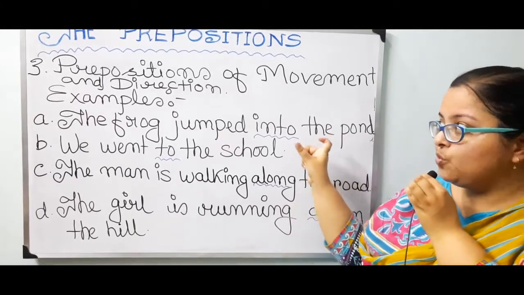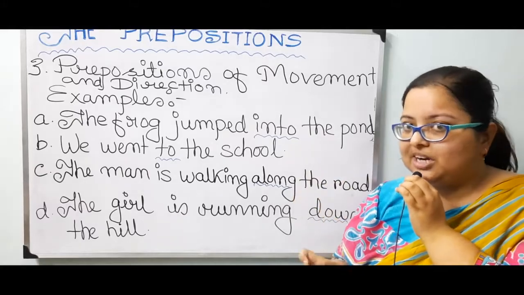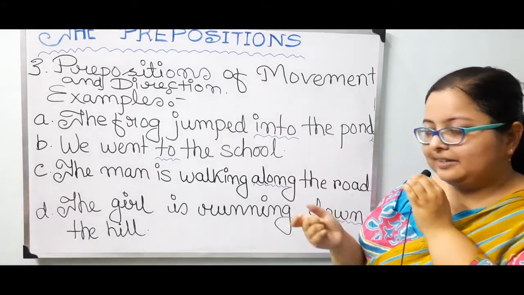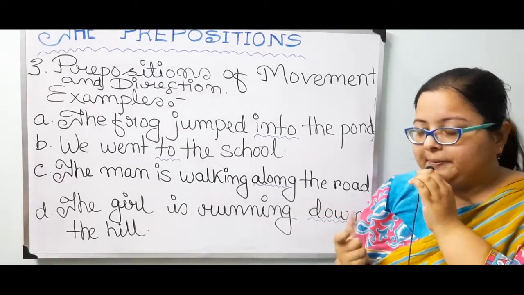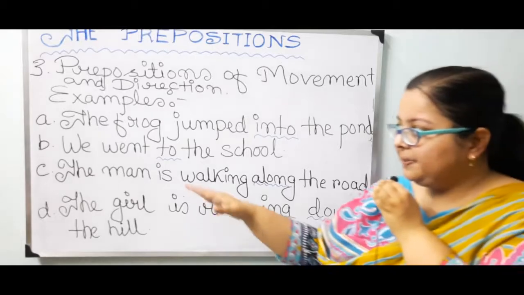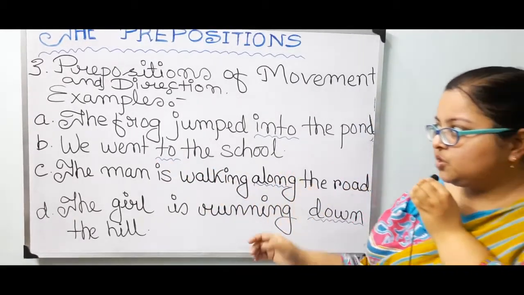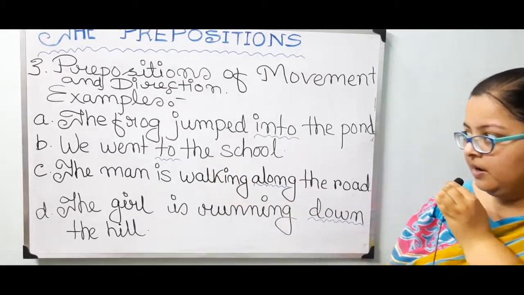Basically, "into" is showing the direction where that frog had jumped. Next, number B, we went to the school. So over here, "to." Understood?